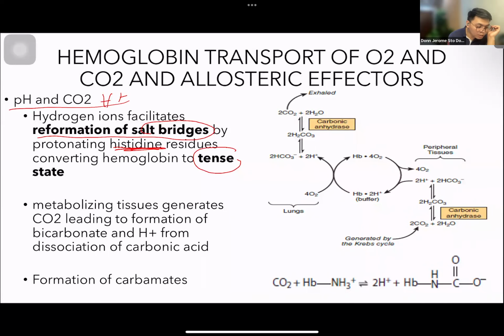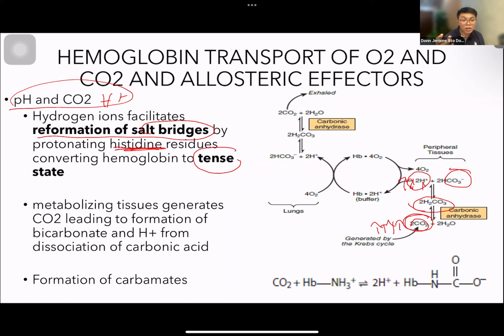And this condition, as I mentioned a while ago, is seen in actively metabolizing tissues, no? That's beneficial for them. Carbon dioxide, by virtue of the carbonic anhydrase reaction, I don't know if you've already touched on this, basically converts carbon dioxide to carbonic acid, eventually hydrogen ions and bicarbonate. So the more carbon dioxide you have, do you have more hydrogen ions? Yes.